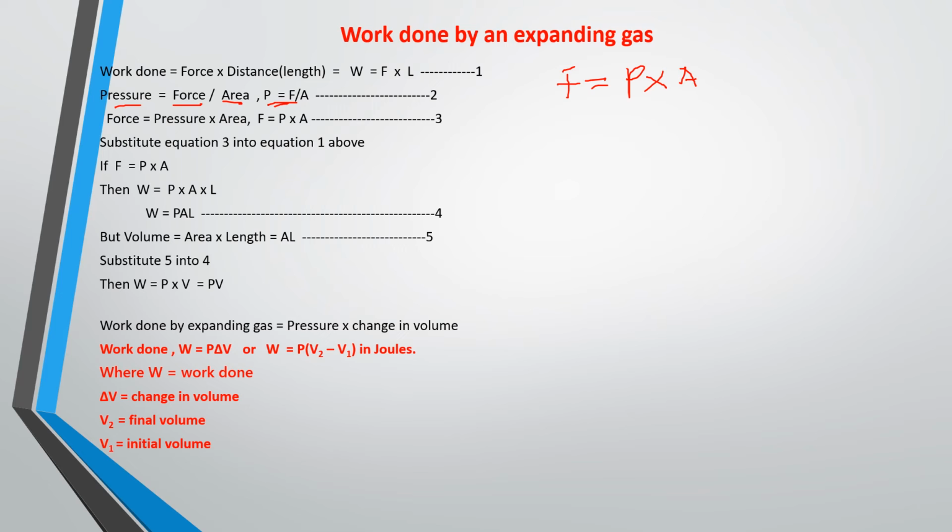I hope this one is understood. So if you understand this, then we can put this into the equation of work done, so that work done W becomes force, which is pressure times area, times distance, which is L.